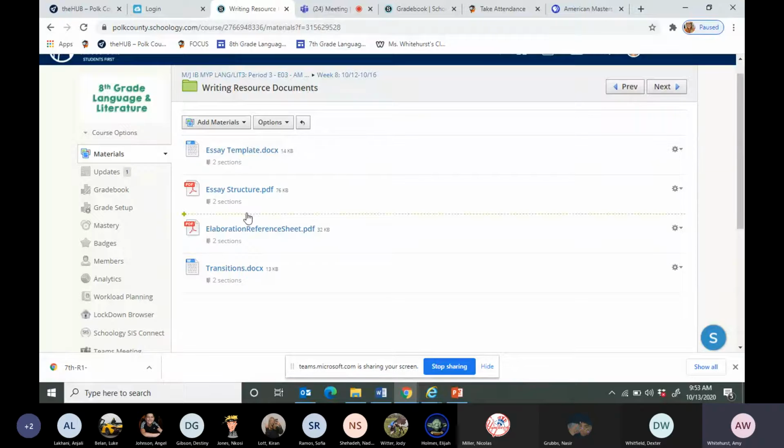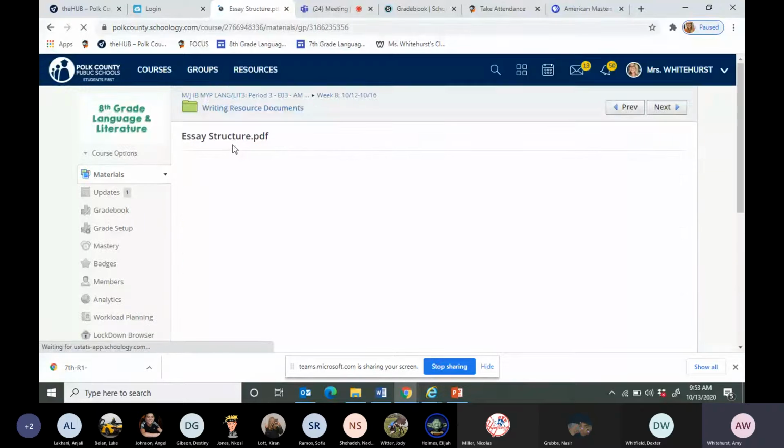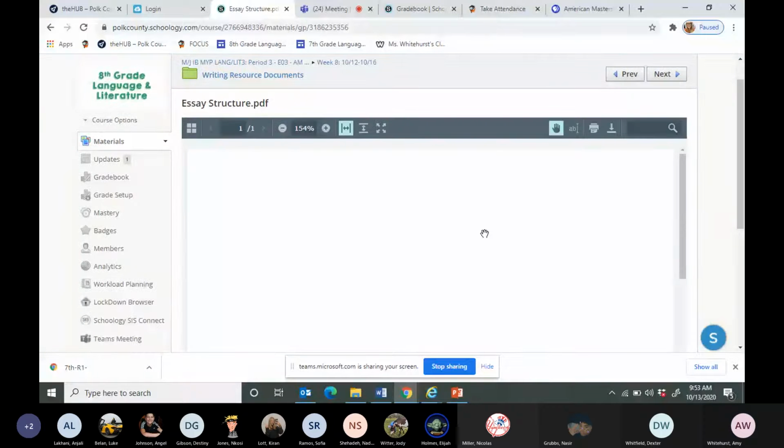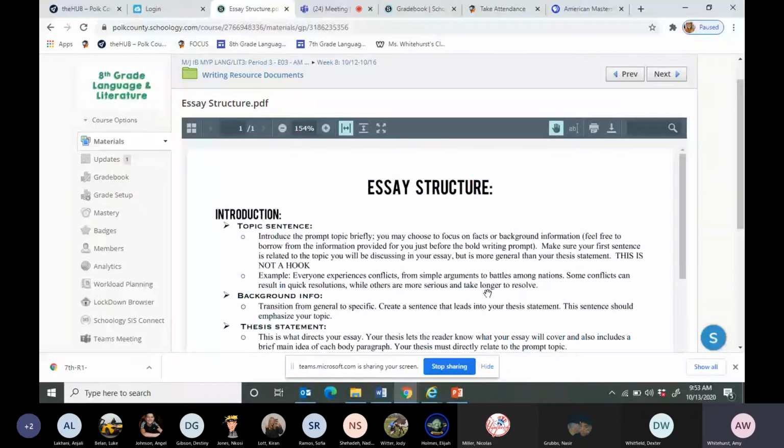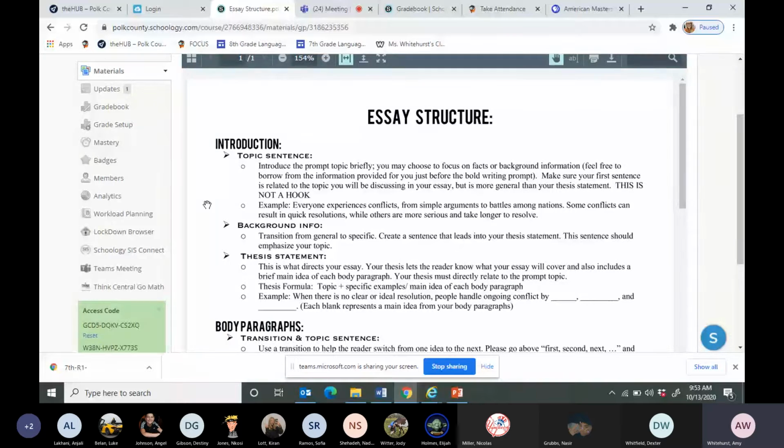You can still access them online, but it might be helpful while you're working to have the essay template or the essay structure paper pulled up. If you were able to print this out, then you wouldn't have to go back and forth between tabs and your Word document.